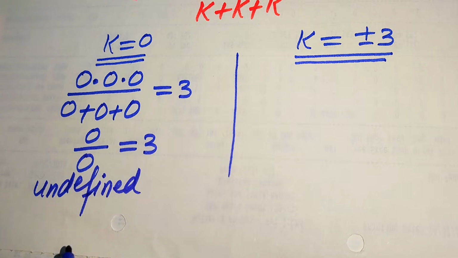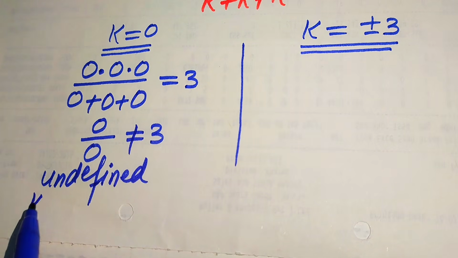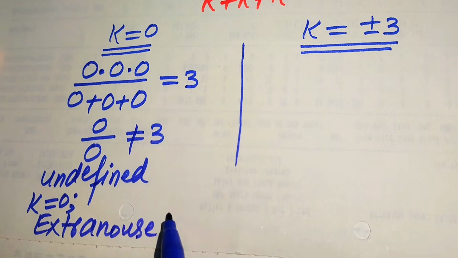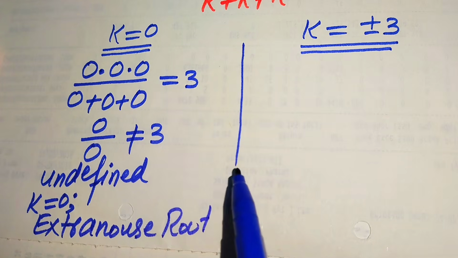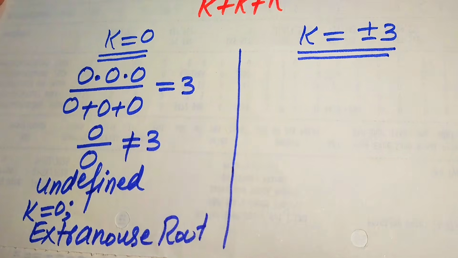If our left hand side is undefined, this means that both of the sides are not equal, and this concludes that the value k is equal to 0 is an extraneous root of the given equation. This is the extraneous root because it does not satisfy our given question statement. So k equals 0 is not the solution because it is an extraneous root.